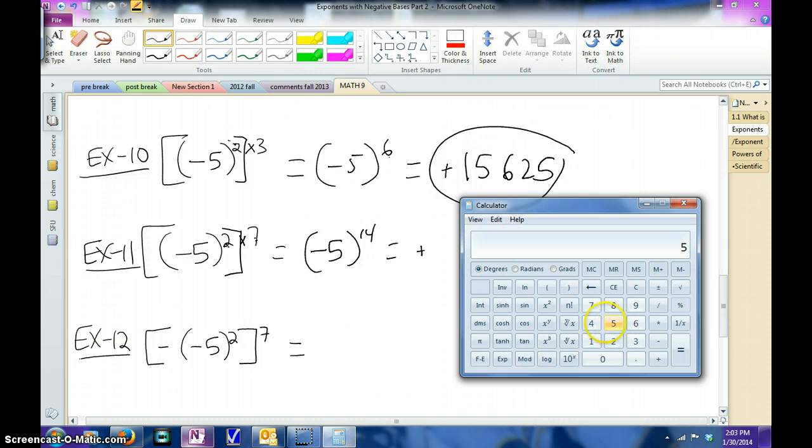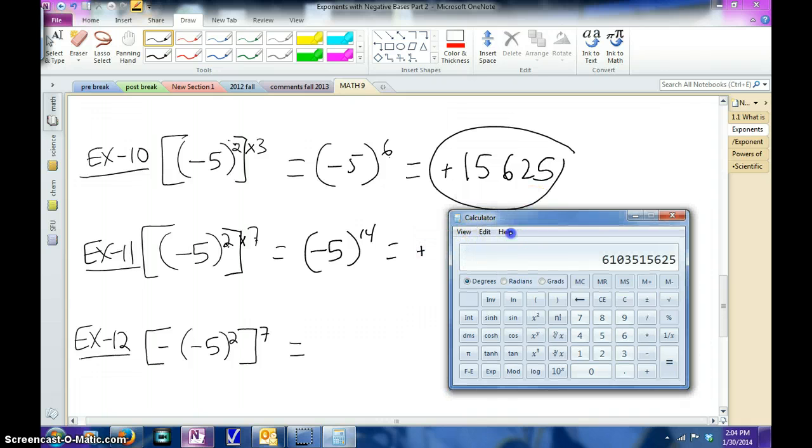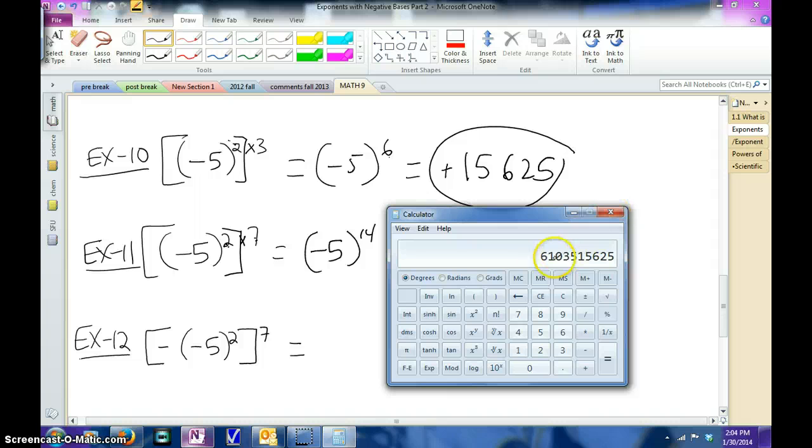You press 5, x to the y, 14. You get that. It's a huge number. I'm not going to bother writing it down. So it's positive that. I wonder if it'll paste it. Copy. Paste. No, I guess it didn't. Anyways, it's that huge number. Positive that is your answer.